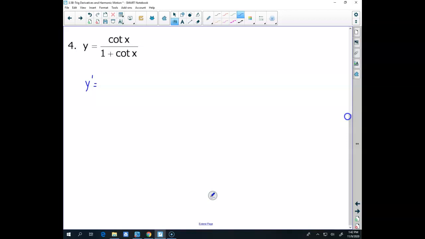Well, the derivative of cotangent is negative cosecant squared x times the bottom, 1 plus cotangent x, minus, okay, so there's my first one, and there's the second one, minus the derivative of the second, or the bottom, oh, that's another negative cosecant squared x, times the top, which is a cotangent x, okay?